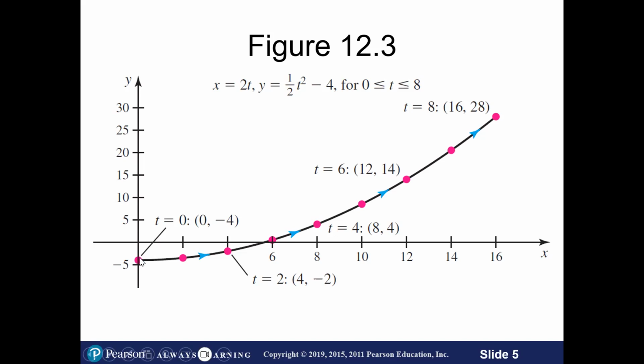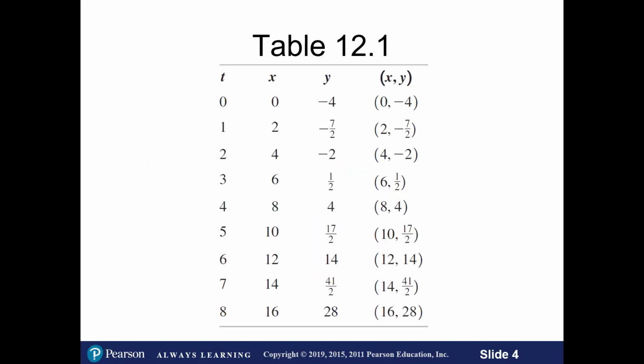So as we vary t continuously from 0 to 8, it traces out this path here. We've plotted the points that we calculated in red here, but the black curve is the path it traces.